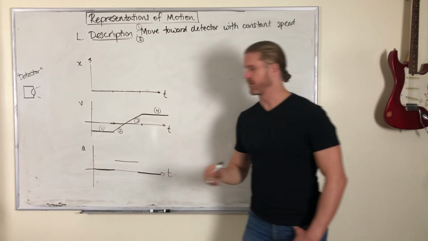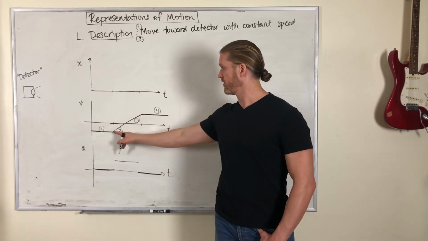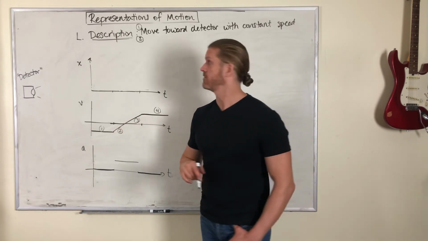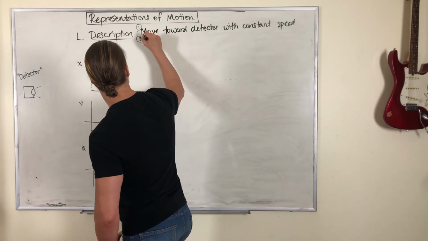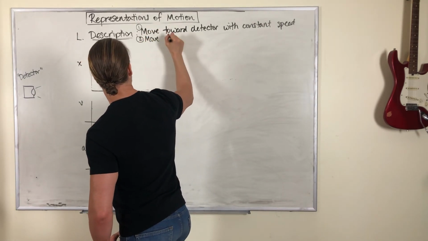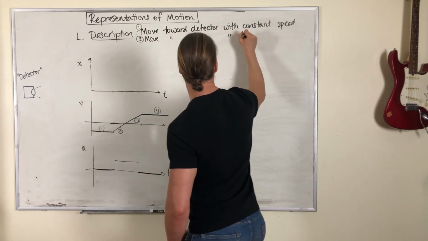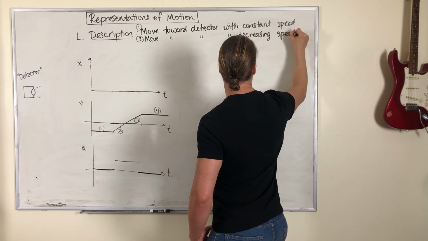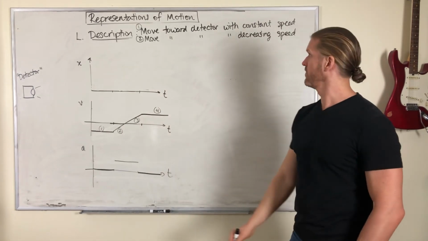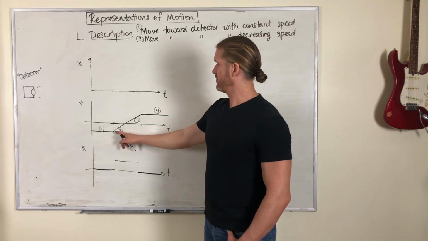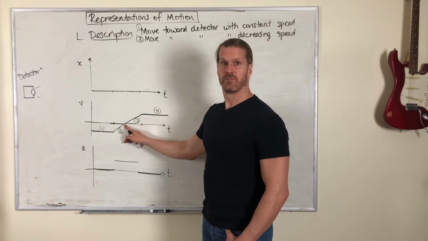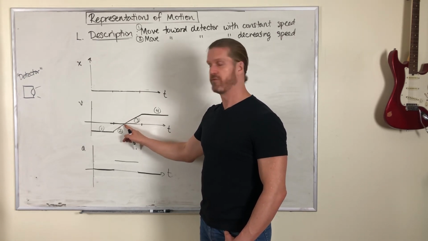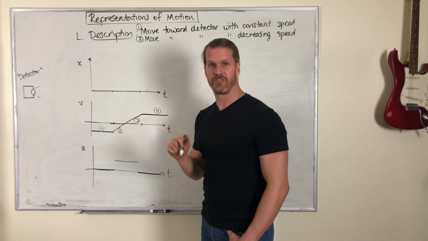Okay, what's happening in that second part? We're still moving toward the detector because this velocity is negative, but the speed is decreasing. So move toward detector with decreasing speed. Slow down. And you slow down until you come to a stop. And then you start moving away from the detector because that velocity is now positive.